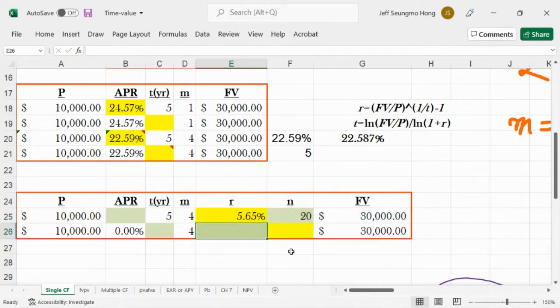Then minus 1. Exactly, that's the quarterly rate we found before. And then to turn it into APR, all you need to do is multiply this by n. Then it turns into 22.59. We get the same result.